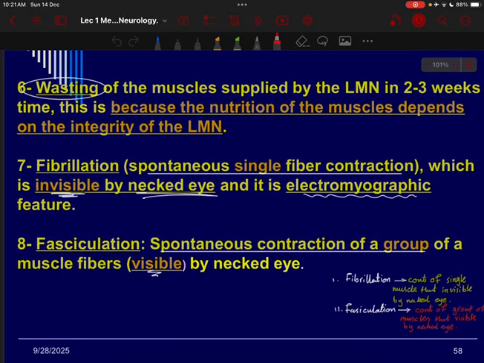It is invisible by the naked eye, but it is an electromyographic feature. There is fibrillation of single muscle fiber. Also, there is fasciculation. With fasciculation, عبارة عن spontaneous contraction of a group of muscle fibers. It is visible by the naked eye. Then هذا الفرق بين الأبر موتور نيورون واللور موتور نيورون.